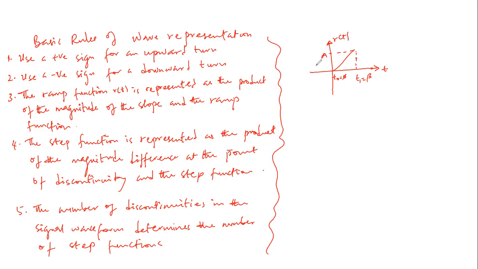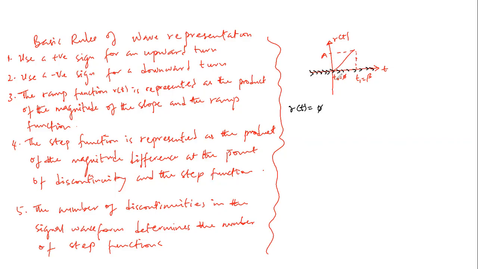Here we are saying that you have to use a positive sign for an upward movement. So let us begin to trace, from left to right, okay? We are tracing along the t-axis, so r of t is the same as 0.